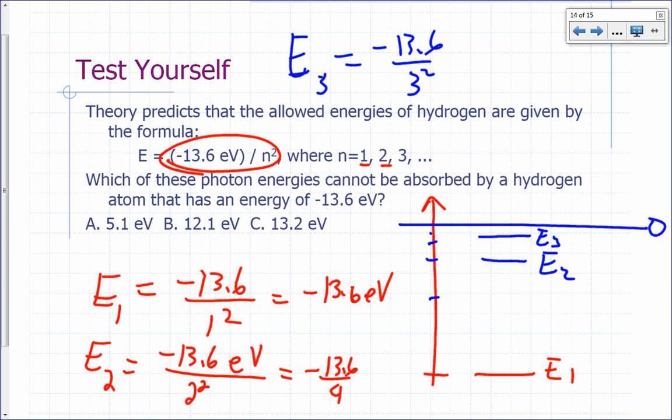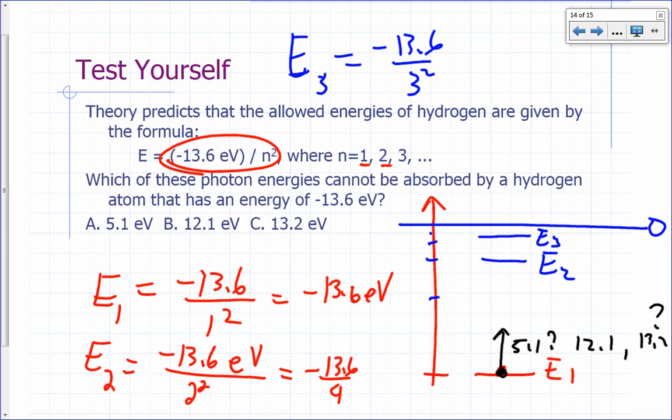Okay. So let's say you have a hydrogen atom that has an energy equal to E1, which is negative 13.6 electron volts. Which of these photon energies cannot be absorbed by the hydrogen atom? Can it absorb 5.1, 12.1 or 13.2?